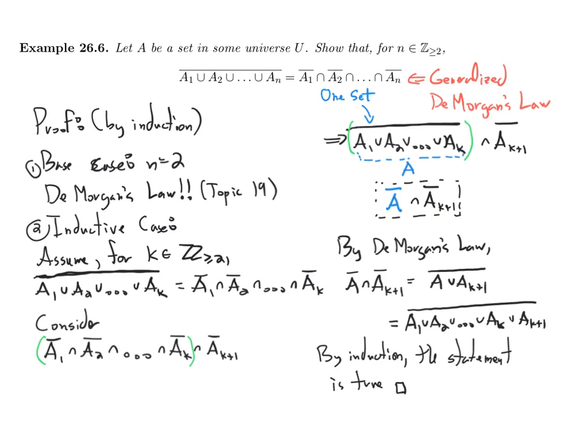It's like a generalized induction. Then we're going to talk about another type of induction called strong induction, where we don't just assume it's true for k and show it's true for k plus 1. We assume it's true for all values k and lower and show it's true for k plus 1. So they're the next 2 things we're going to talk about.